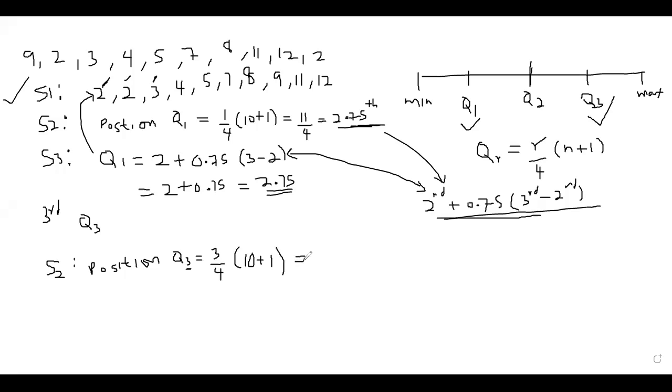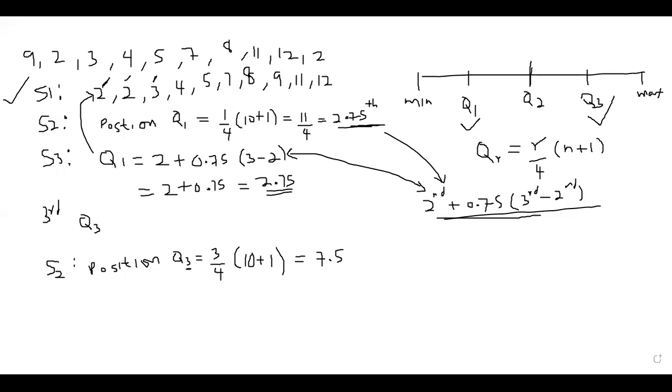Which should give us 30 divided by 4, that will be 7.5. No, sorry, we are dealing with 33 divided by 4.